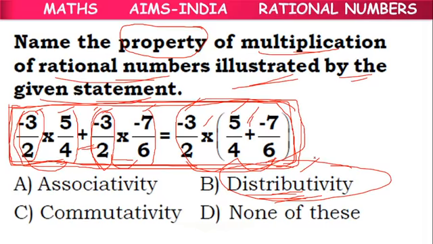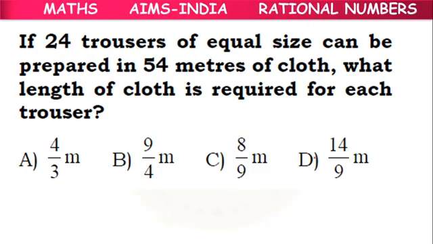Okay children, next question. If 24 trousers, in the olden days they used to call pants trousers, 24 trousers of equal size can be prepared in 54 meters of cloth.